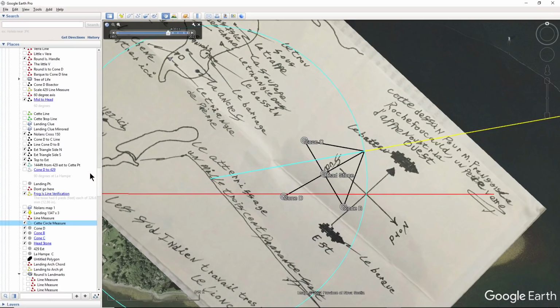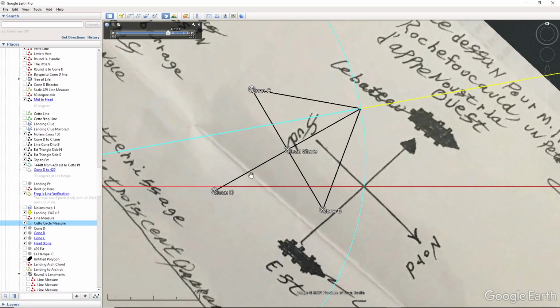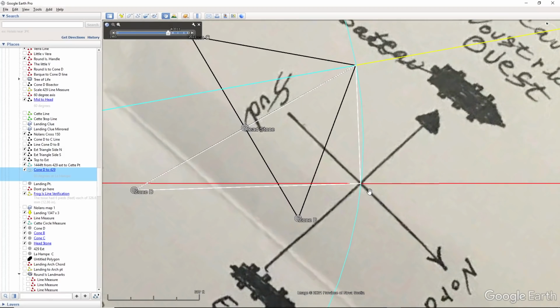So another interesting aspect of the hump here is that it is a 90-degree triangle from cone D going through the axis of Nolan's cross. And we're finding that a lot of these geometric positions are determined by 90-degree angles.